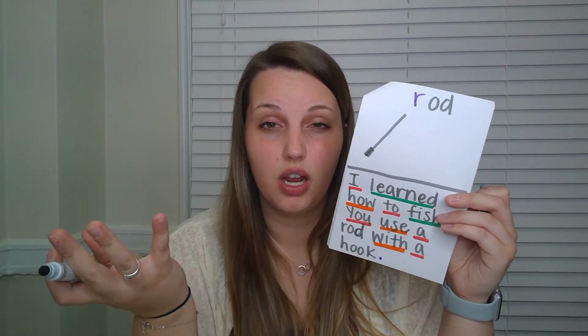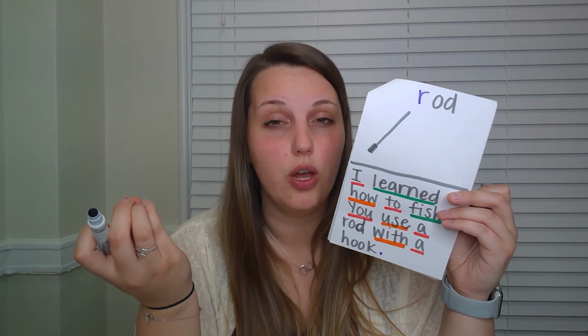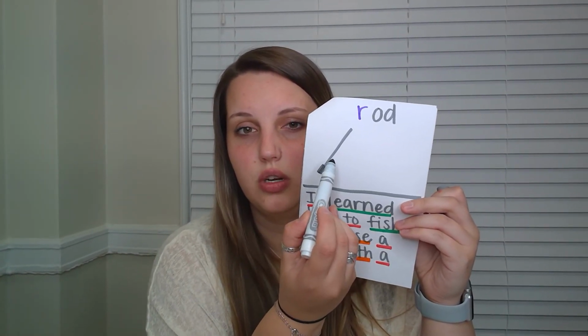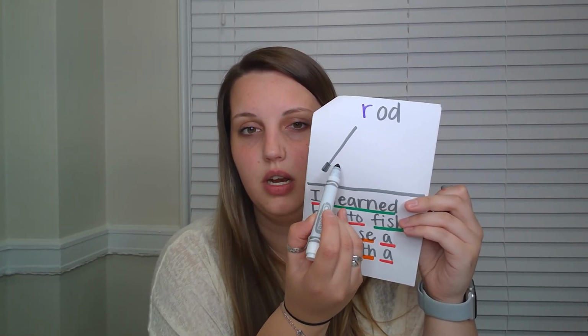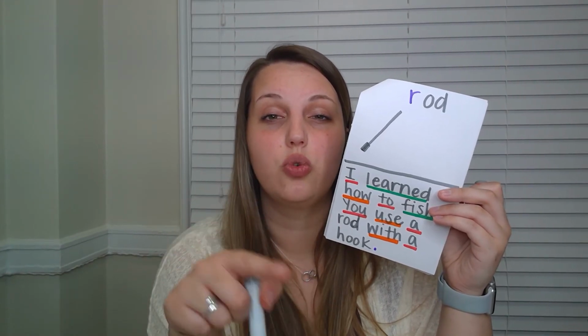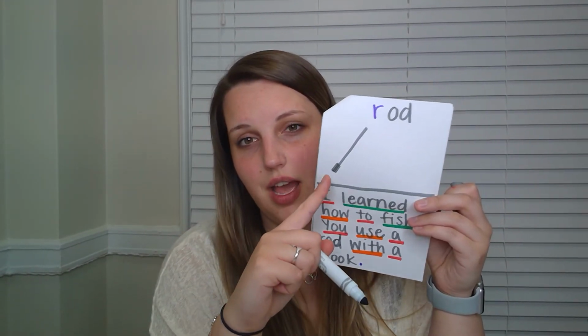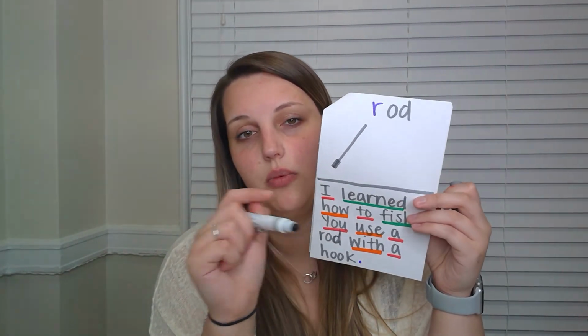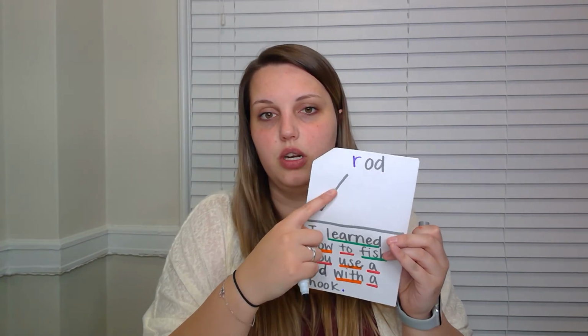And then usually on a fishing pole, there is a reel. That's the circular thing here that holds the string or the twine that is the long part that comes out of the fishing pole that has the hook at the end. So we're gonna draw a little circle here next to the handle.